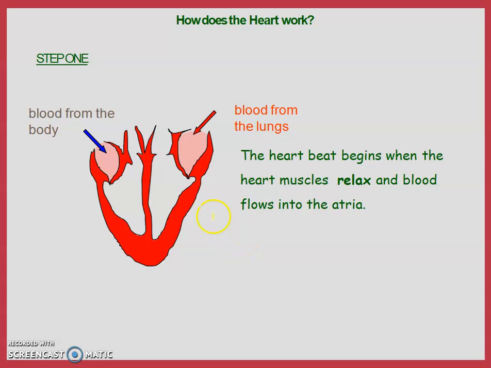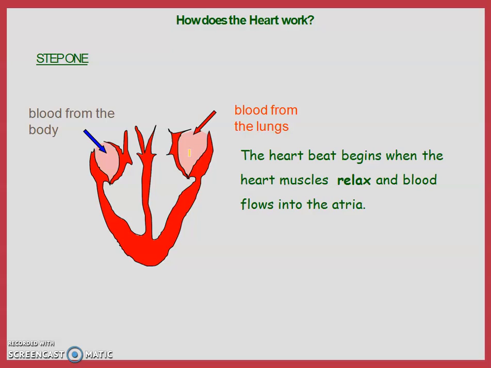Now, how does the heart work? Step 1: blood from the body enters through the vena cava into the right atrium. Simultaneously, pure blood from the lungs enters into the left auricle. At this time the auricles should be expanded, which means relaxed.